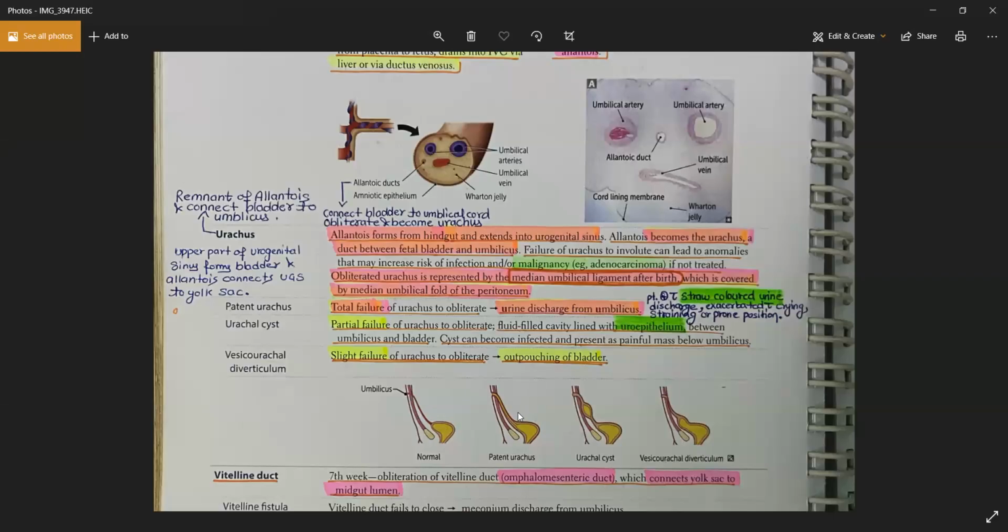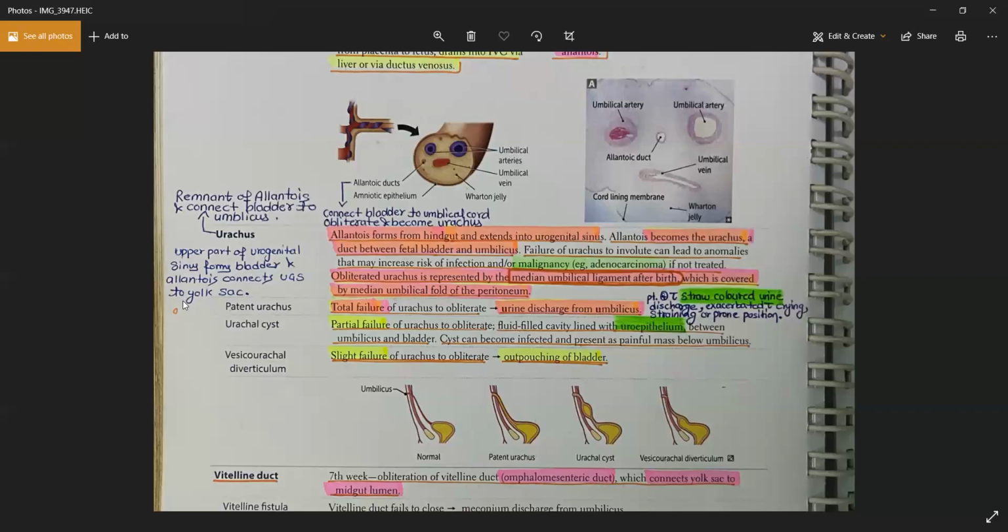So it would be a baby who is having some kind of straw-colored discharge from the umbilicus, and it happens whenever the baby cries, sneezes, or there's anything which can increase the abdominal pressure. Whenever you see this kind of condition, you will always think about a patent urachus.